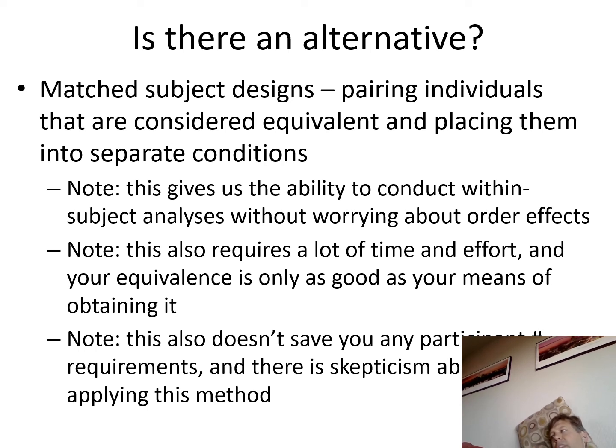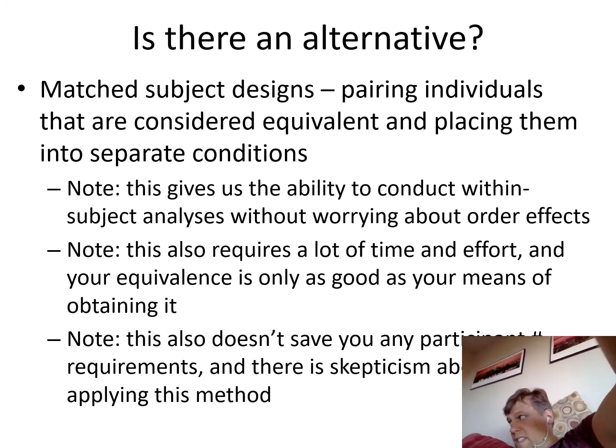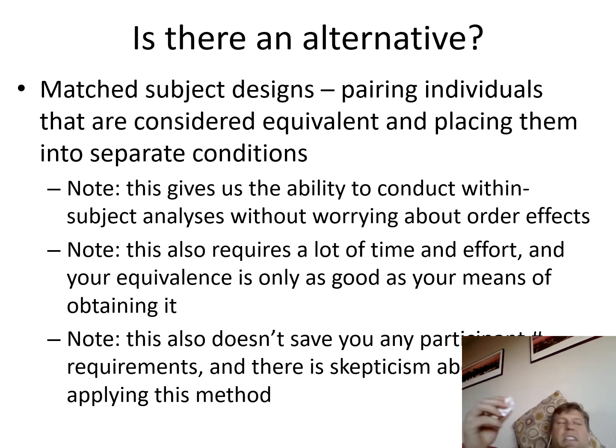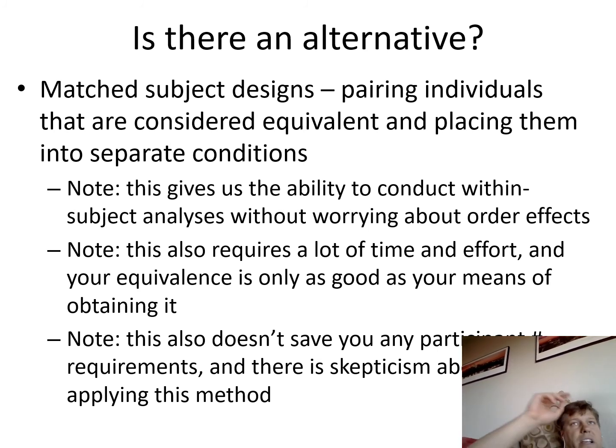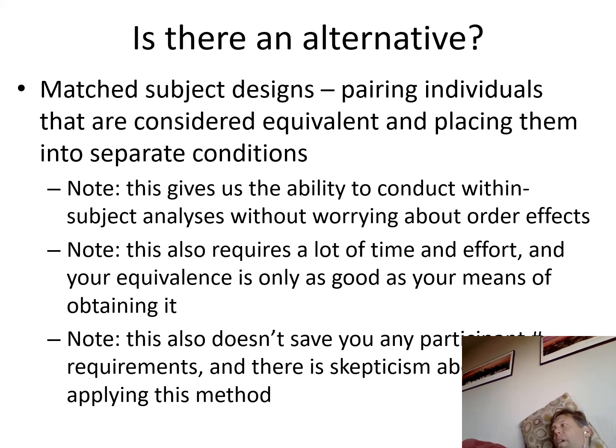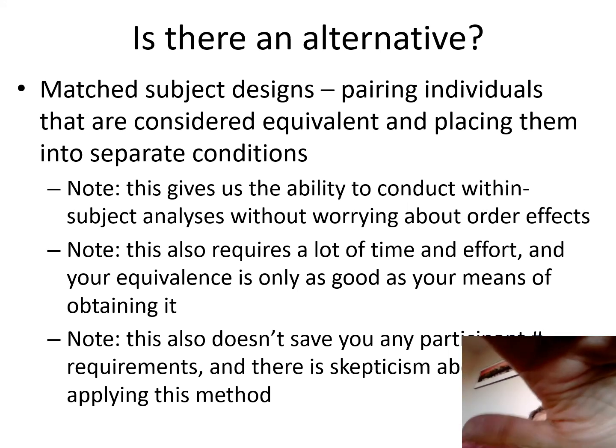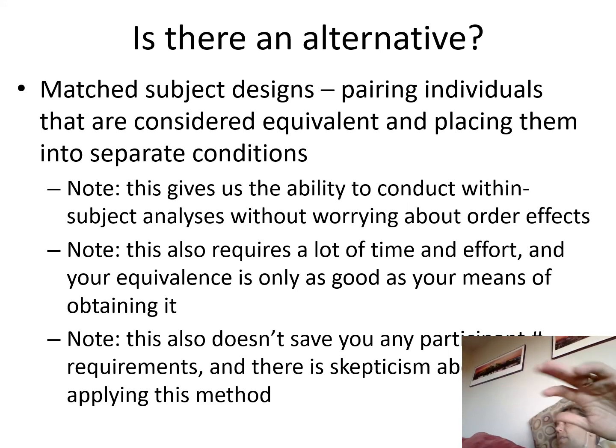Now, of course, it doesn't give you the advantage that you typically have with within subjects designs, where you need fewer people. You actually need just as many people as you would need in a between subjects design. But the statistical boost that you get from these matched subjects designs has been appealing to lots of researchers. Of course, if you don't have people that truly do overlap, all the benefits are lost in the statistics of the analysis.